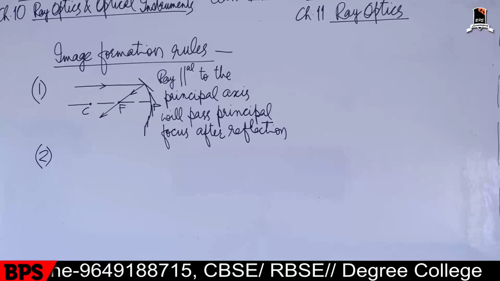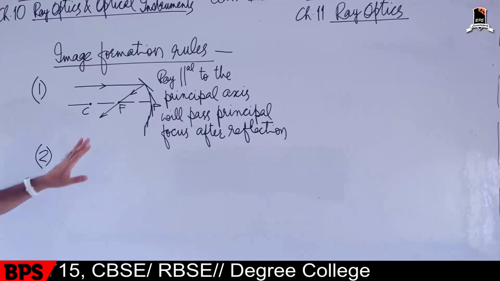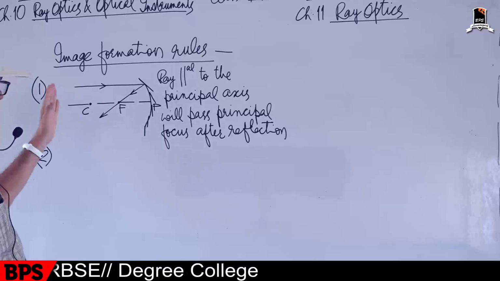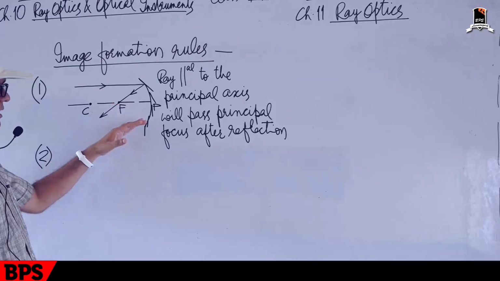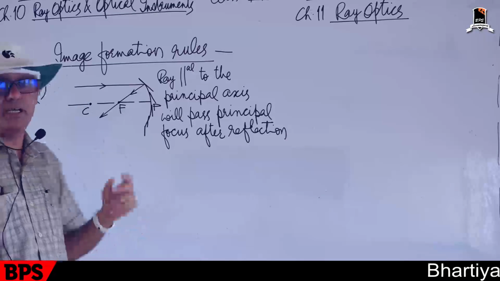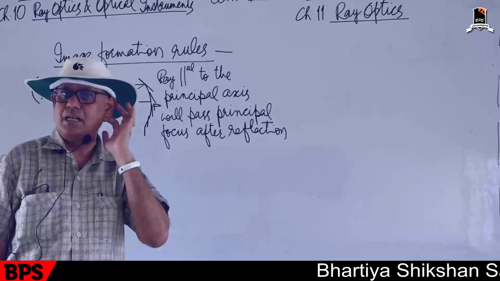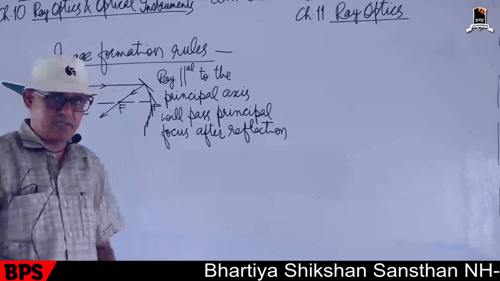Second one is just opposite to the first one. If any ray is going through the principal focus, then after reflection from the spherical mirror, it will go parallel to the principal axis.